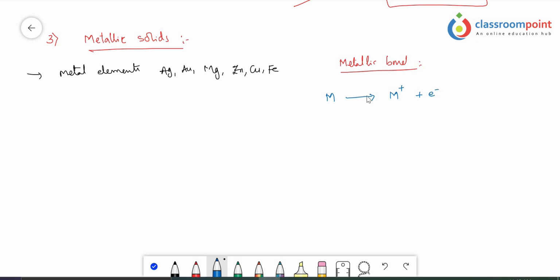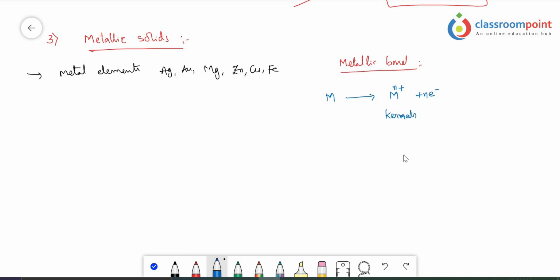So if a metal loses n electrons, it will get n positive charges. If it loses 1 electron, it will get 1 positive charge. If it loses 2 electrons, it will get 2 positive charges. After losing electrons, all these metals form positively charged ions. These positively charged ions are called kernels.